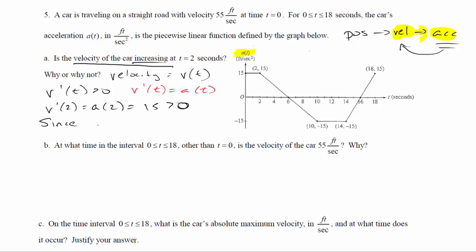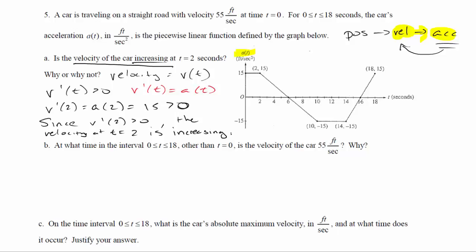So since v prime of 2 is greater than 0, the velocity at time t equals 2 is increasing.